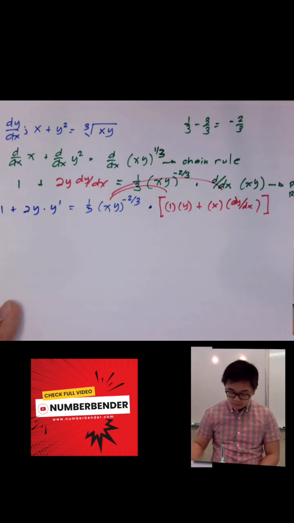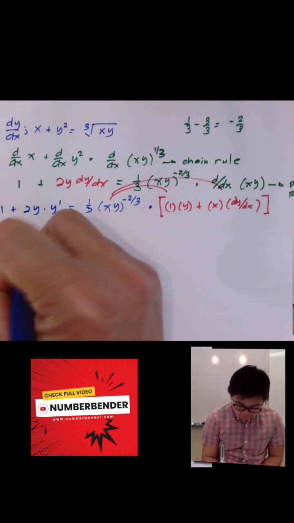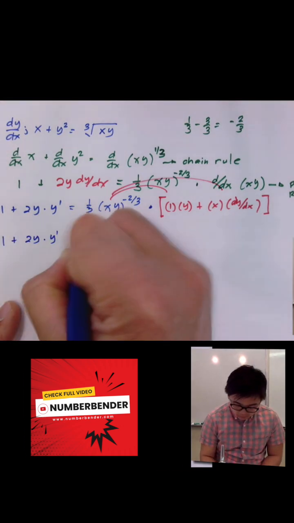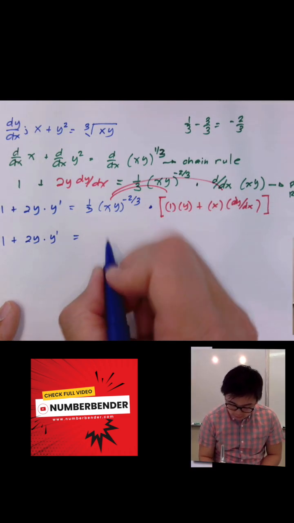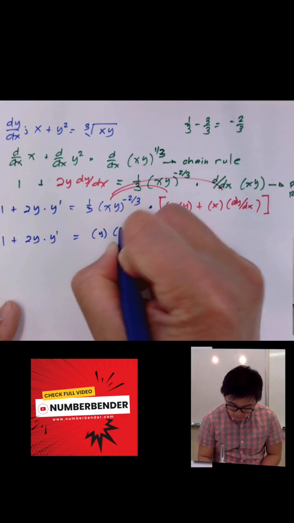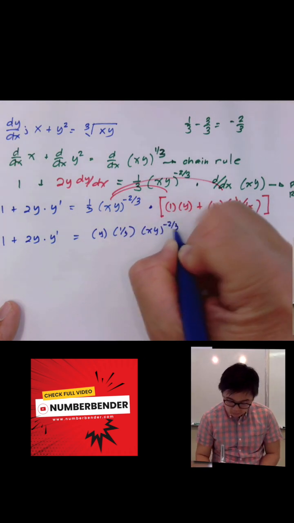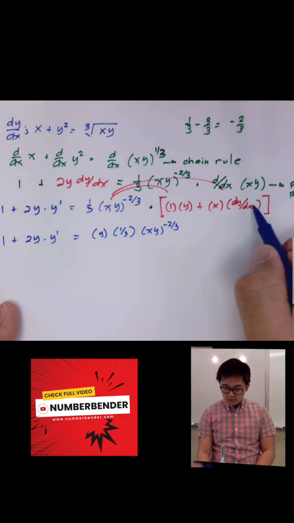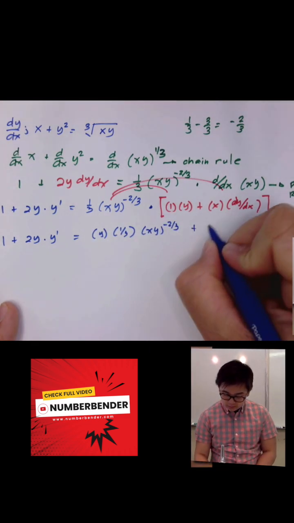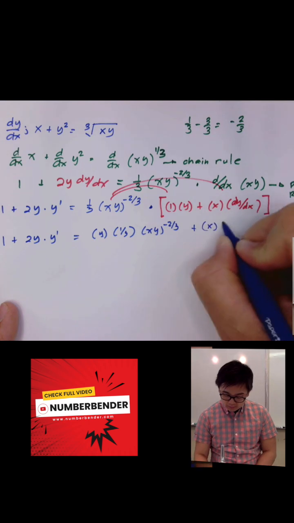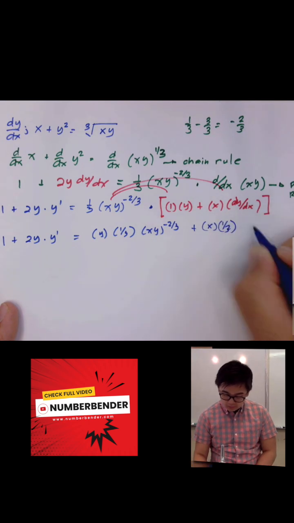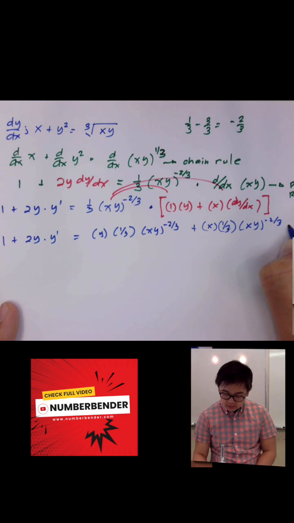So my equation will be changed into: distribute this here, so we have y times 1/3 (xy) to the negative 2/3, and distribute this to the other side right here, which is x times 1/3 times (xy) to the negative 2/3 times dy/dx.